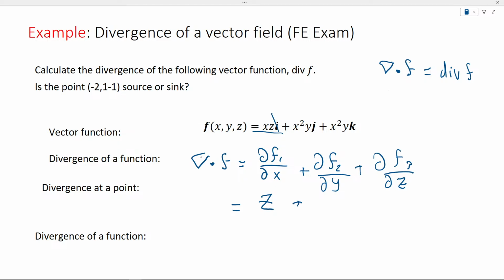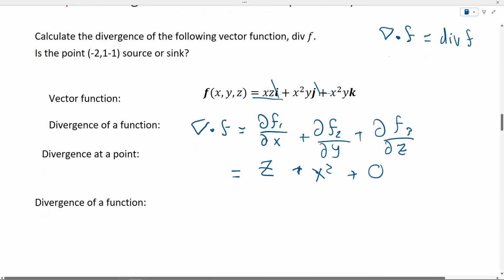Plus partial f2 with respect to y: this will go away, so I will get x square plus x square. Partial f3 with respect to z: I don't have z here, so this is a constant, that's 0. So basically it turned out to be z plus x square.